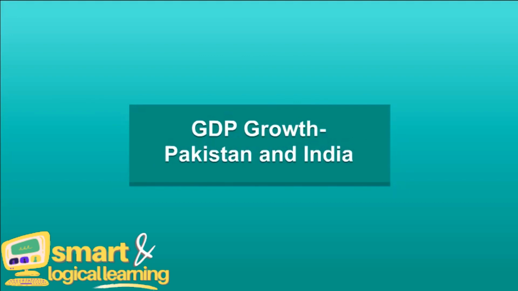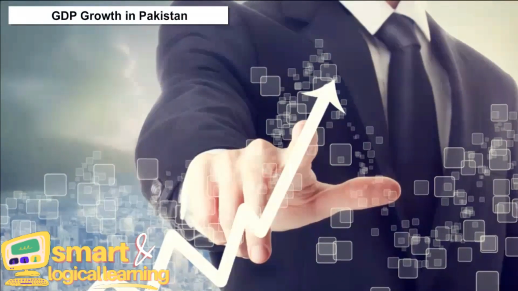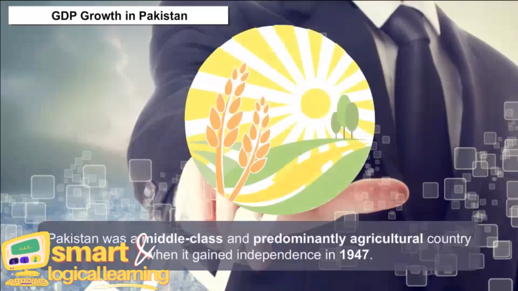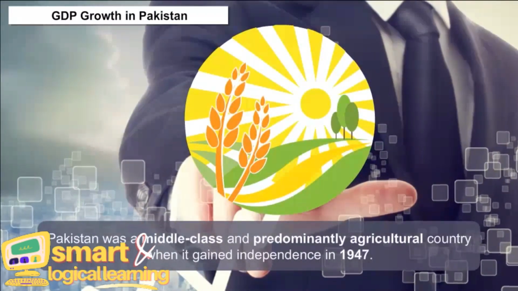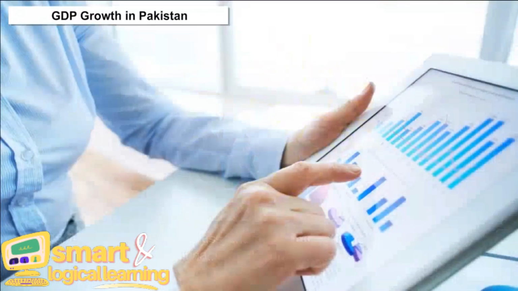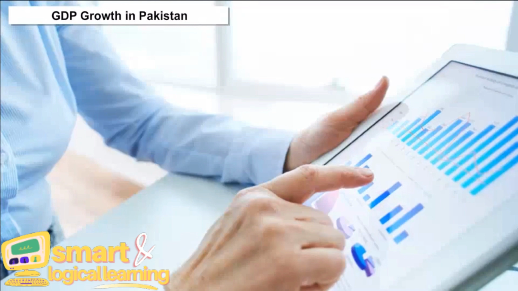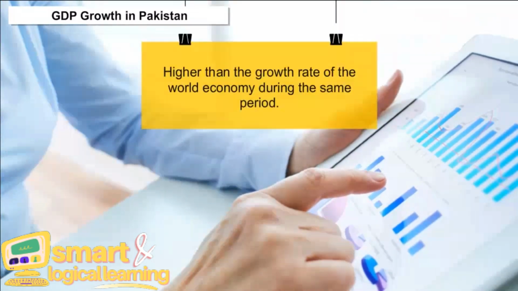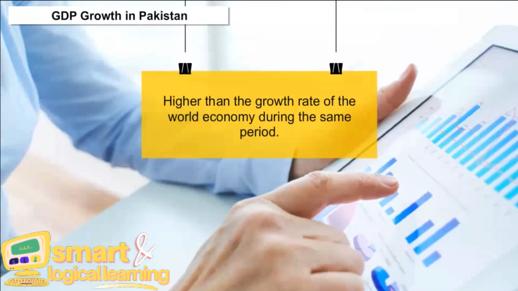GDP growth, Pakistan and India. GDP growth in Pakistan. Pakistan was a middle-class and predominantly agricultural country when it gained independence in 1947. Pakistan's average economic growth rate in the first 5 decades, 1947 to 1997, has been higher than the growth rate of the world economy during the same period.